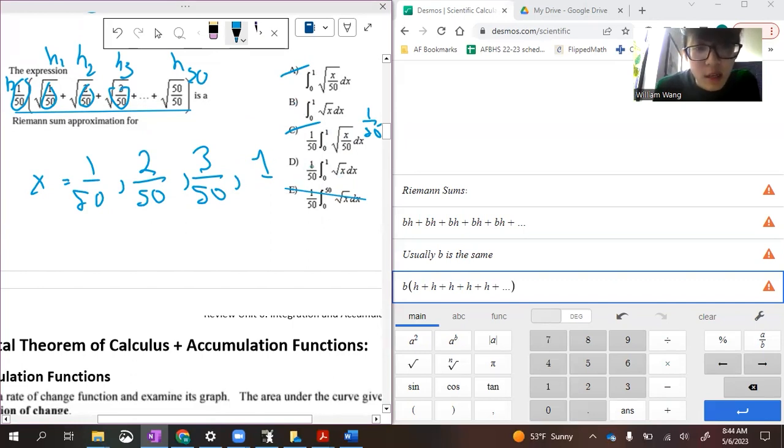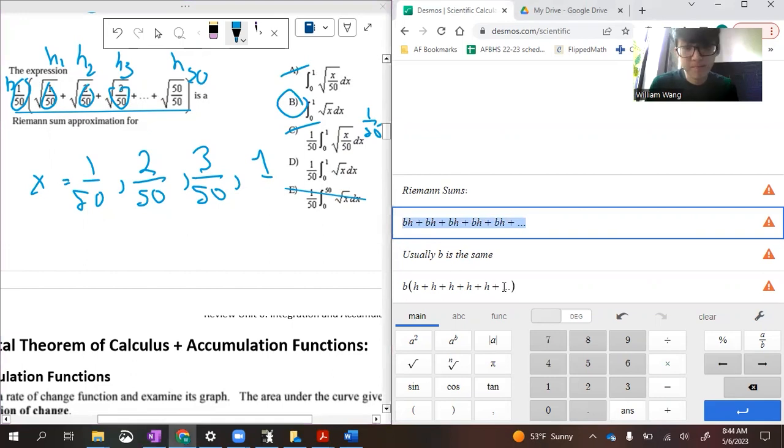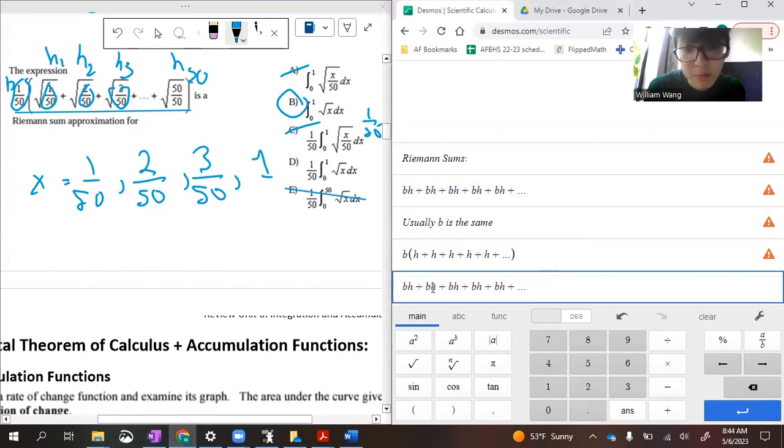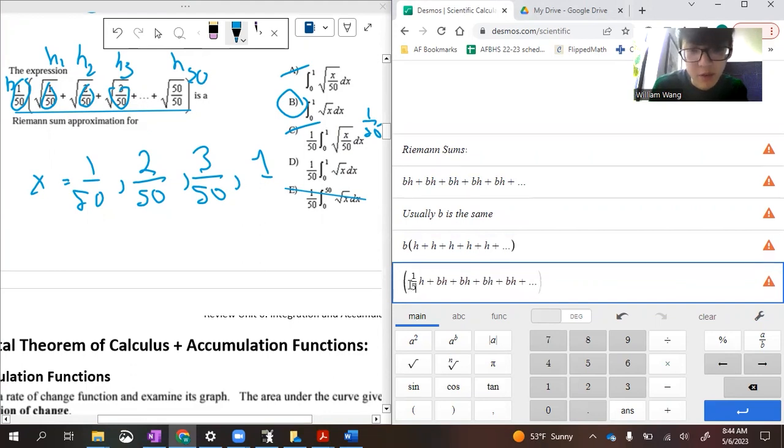Well, D, the 1 over 50, is actually an average value formula. There's no reason for me to do this. My answer choice is going to be B. If I were to calculate B in this form, each base, like I said, is 1 over 50. Each height is gathered by plugging 1 over 50, my x value, into the square root in for x. So instead of the square root of x, it's the square root of 1 over 50.